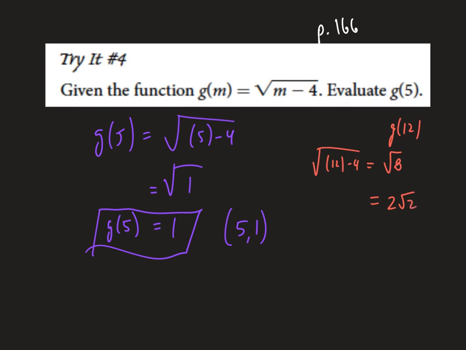If you're trying to plot that point, you would plug that into a calculator. I think the square root of 2 is like 1.4-ish, so 2 times that would be about 2.8-ish. So we'd be plotting a point about there, if you're trying to graph it. But just plug the number in and do the math out. It's pretty easy. You guys have definitely done that before.